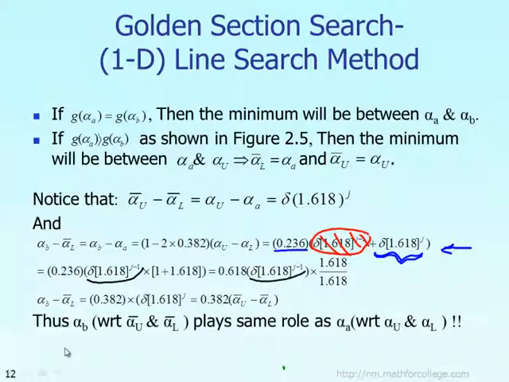Now, this guy will be 2.618 when I multiply with 0.236. Then I will get the number 0.618. That's what I will get. When I take 2.618 times 0.236, I will get 0.618.